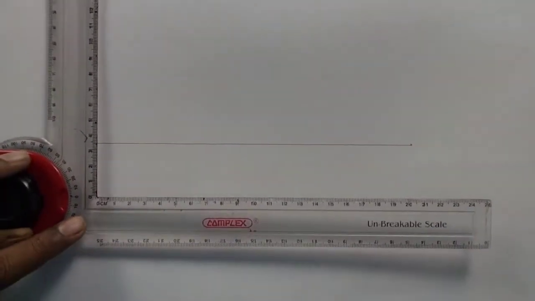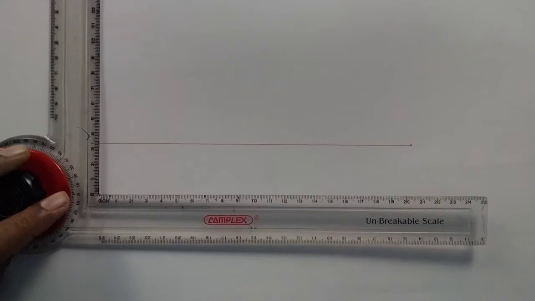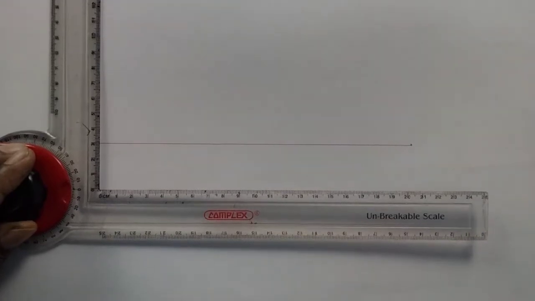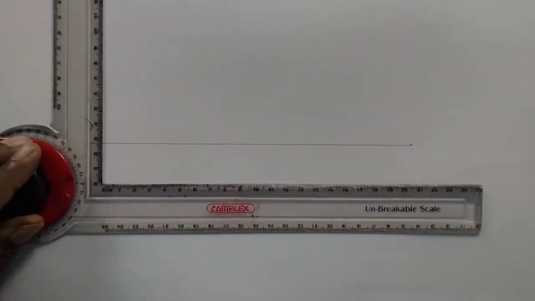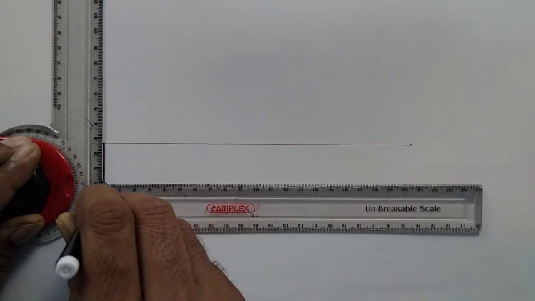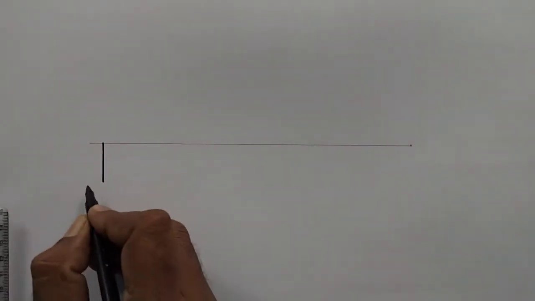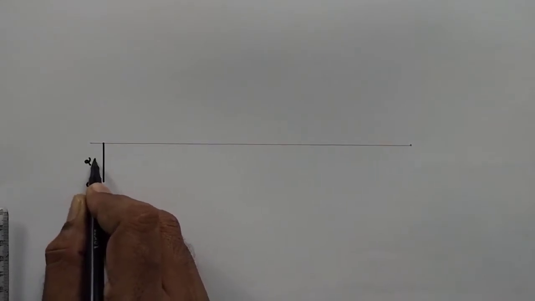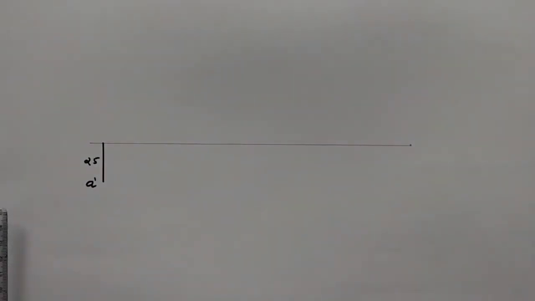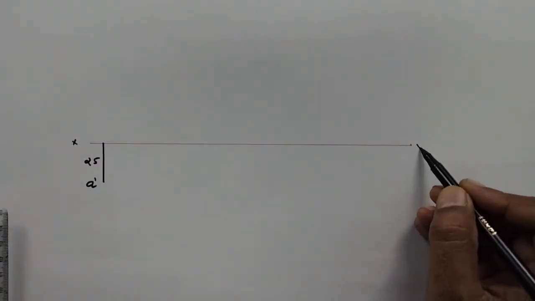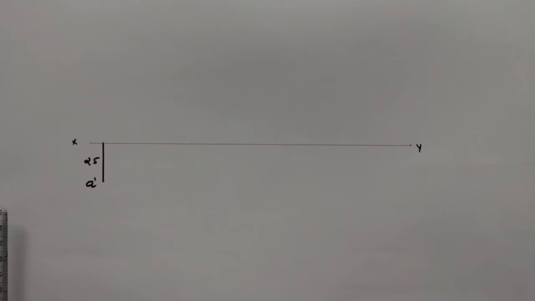On the XY line we mark the elevation point 25 mm below HP. It is my A dash, 25 mm below HP, below the XY line.